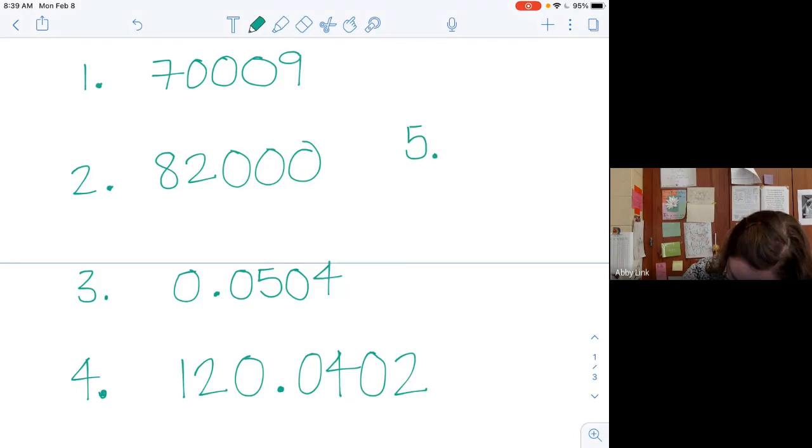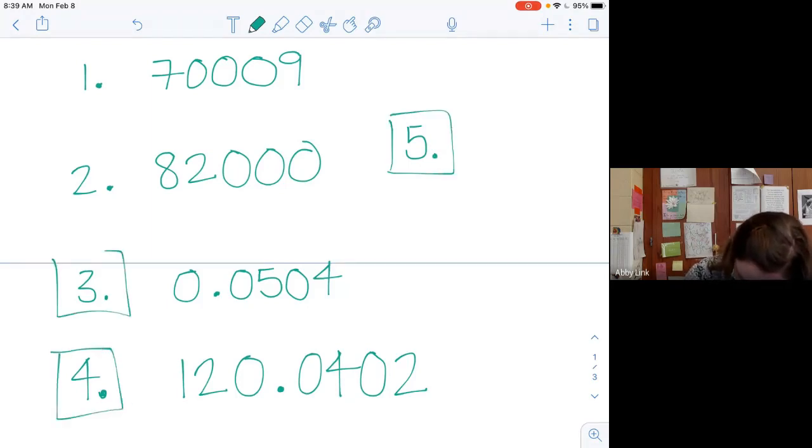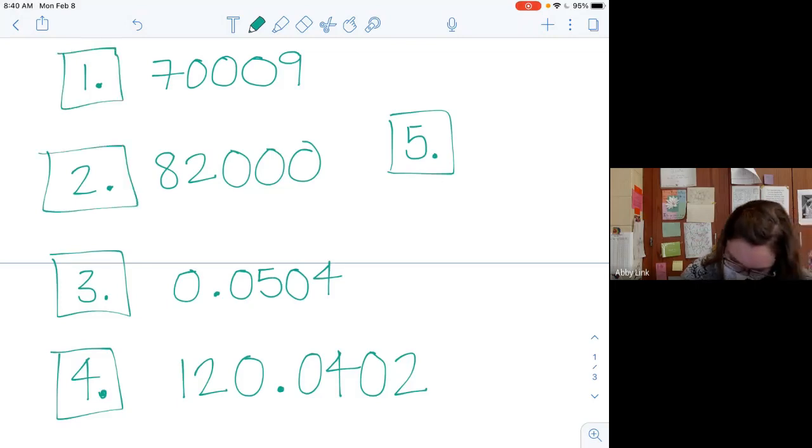I'll put number 5 over here. Try to put a box around these so I don't confuse you. All right, again, guys, the question that I'm asking about these 5 numbers is how many significant figures do they consist of? Let's come up with one more for you.